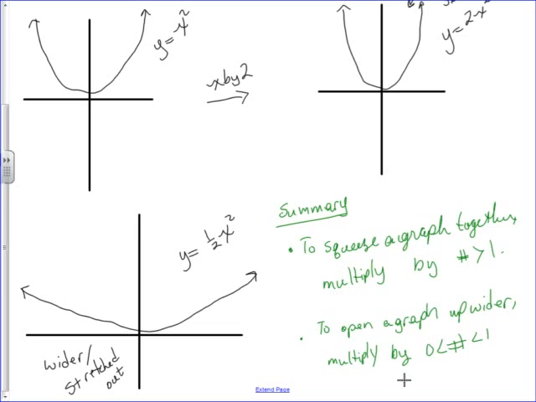Greater than 0 but less than 1. What do I mean? A proper fraction, proper being the key term. The numerator has to be less than the denominator. If it's greater, then your number is greater than 1, so you're squeezing it together rather than opening it up. All right?